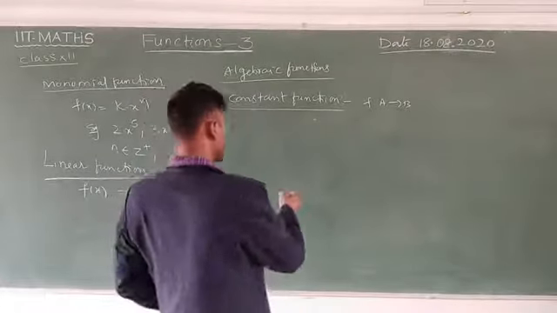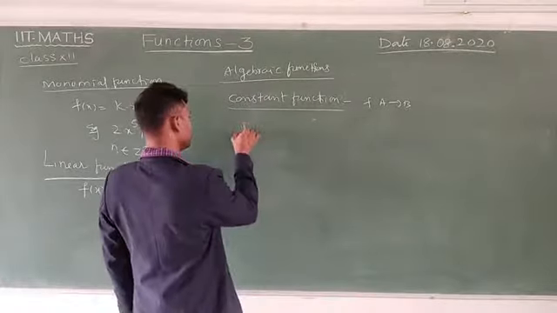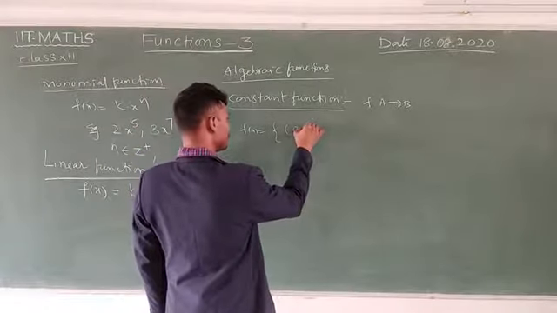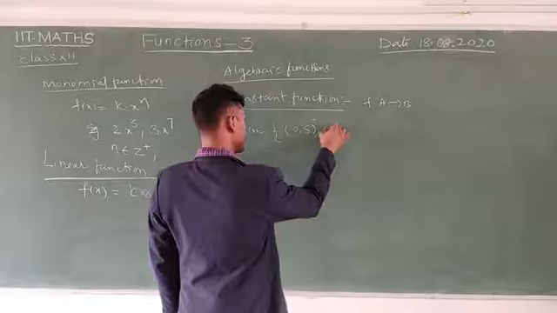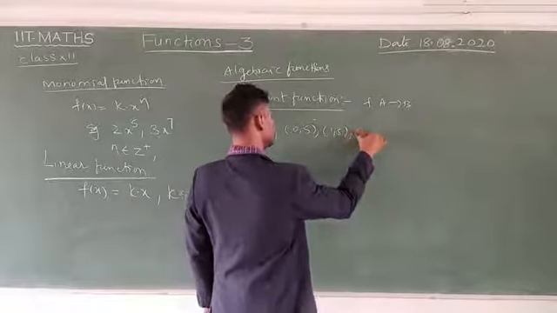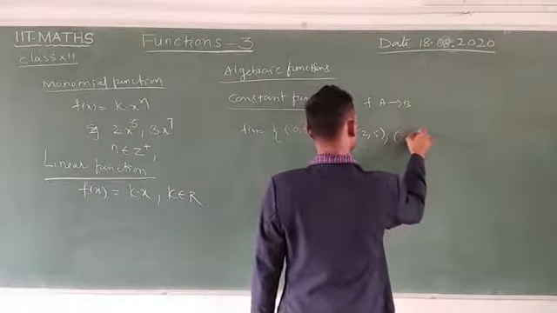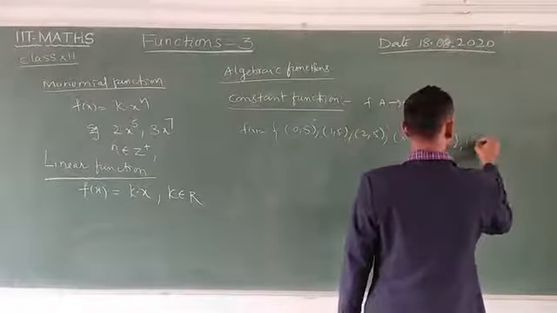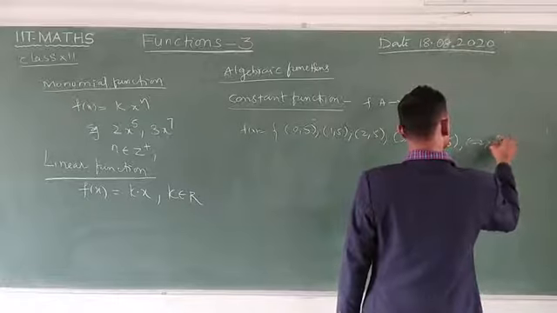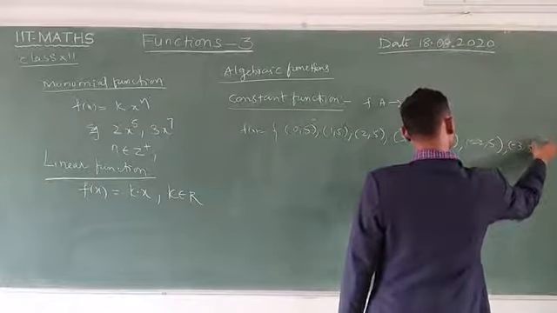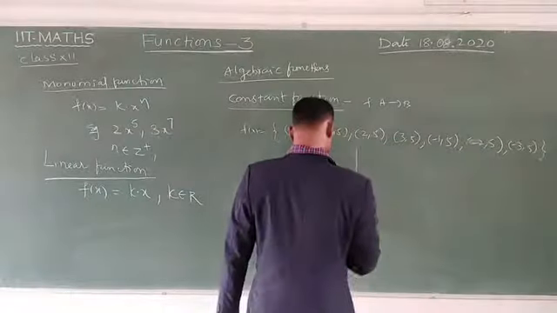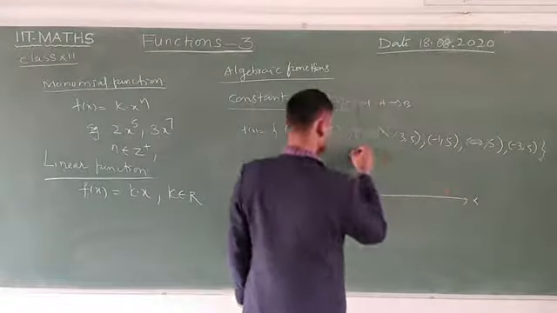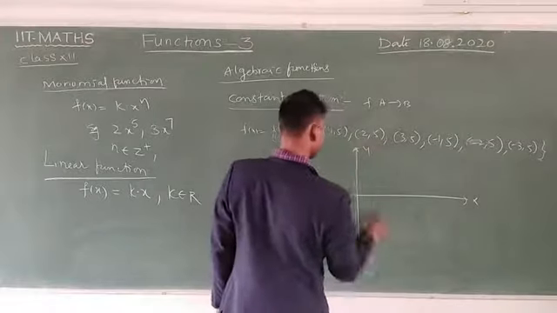Now we have to draw a function here. f of x is equal to 5. You can write here 0 comma 5, 1 comma 5, 2 comma 5, 3 comma 5, and minus 1 comma 5, minus 2 comma 5, minus 3 comma 5. Now we have to draw, this is x-axis and this is y-axis, y dash.